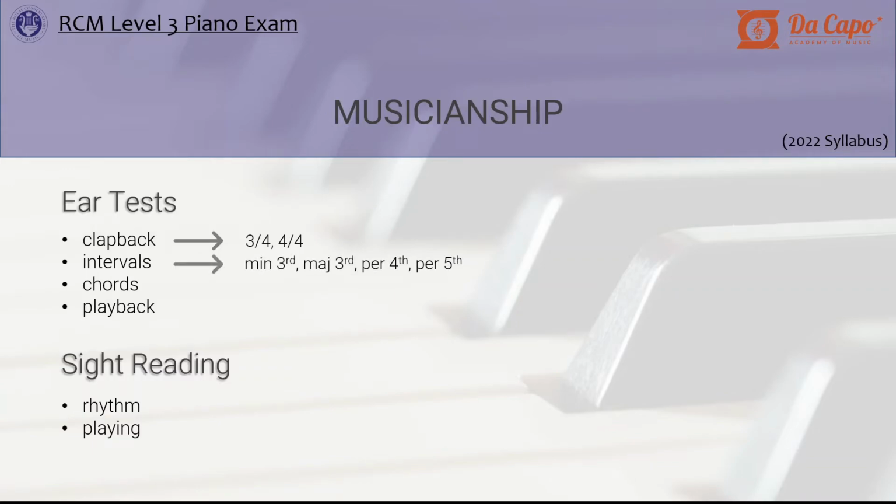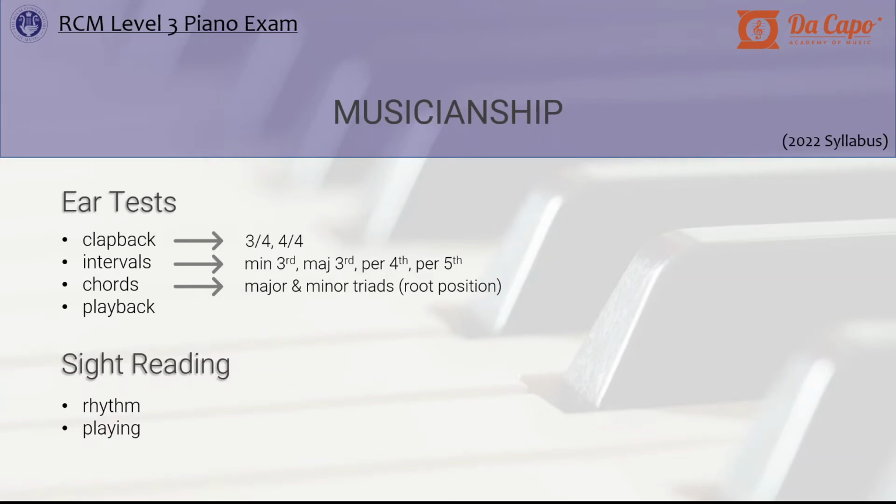For this level, we need to be able to identify a minor third, major third, perfect fourth, and perfect fifth intervals. For the chords, this is where we must identify the quality of the chords. For this level, it's major and minor triads, just like we had for the previous level.